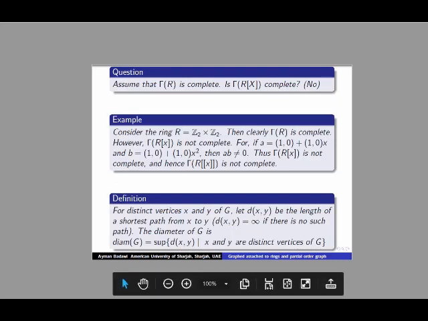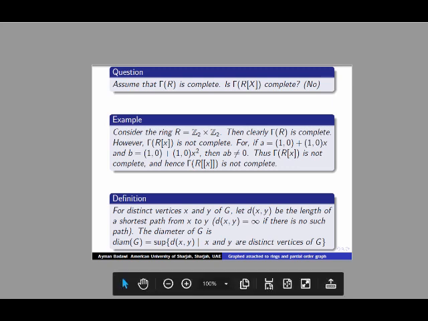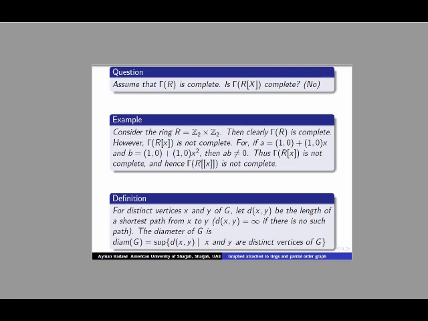First thing, we need to know what we mean with the distance of the graph. The distance is measured to be the length of the shortest path from X to Y. And remember how we measure length: we measure length by counting the number of edges we use to go from one vertex to another.